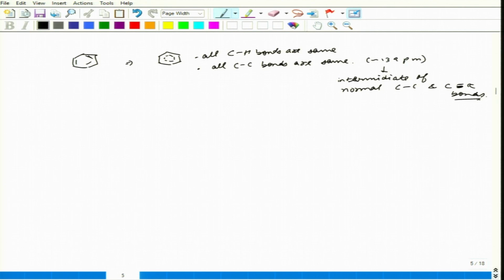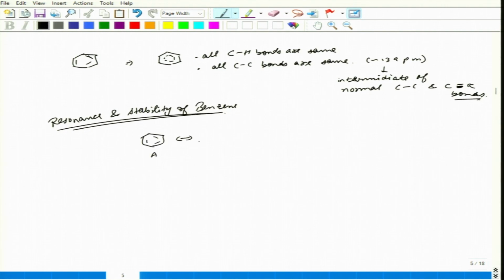Further going on, if we need to study more about this benzene stability, and how these resonance structures work, I have told there are two canonical forms A, B, and there exists a hybrid form like this.